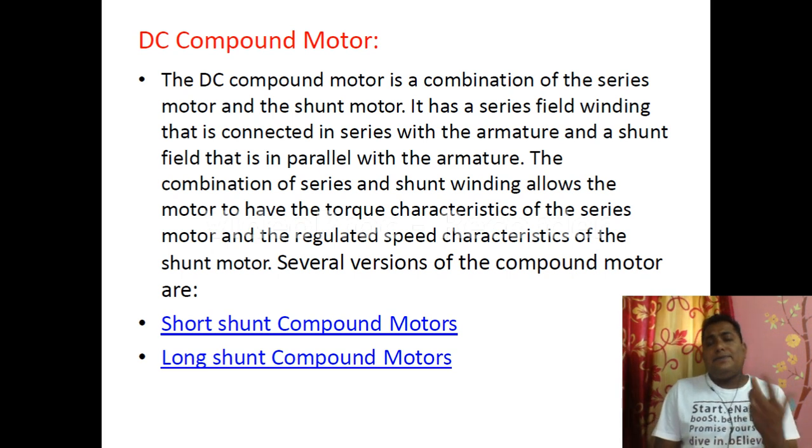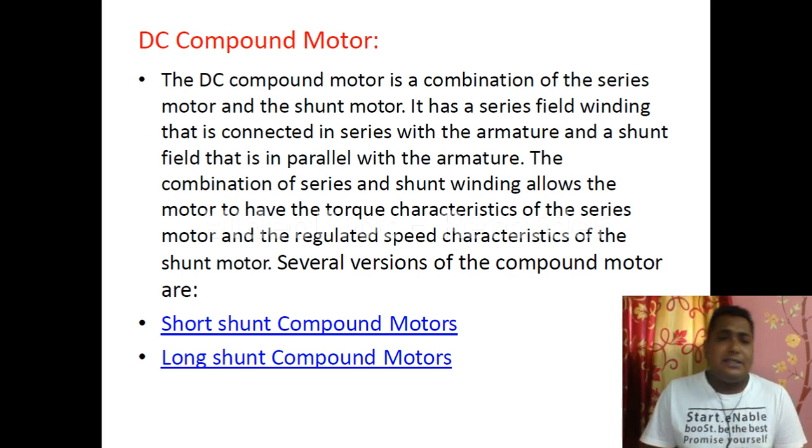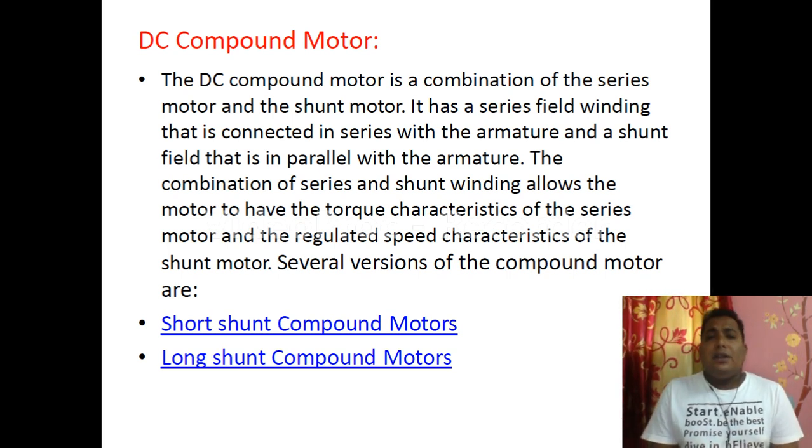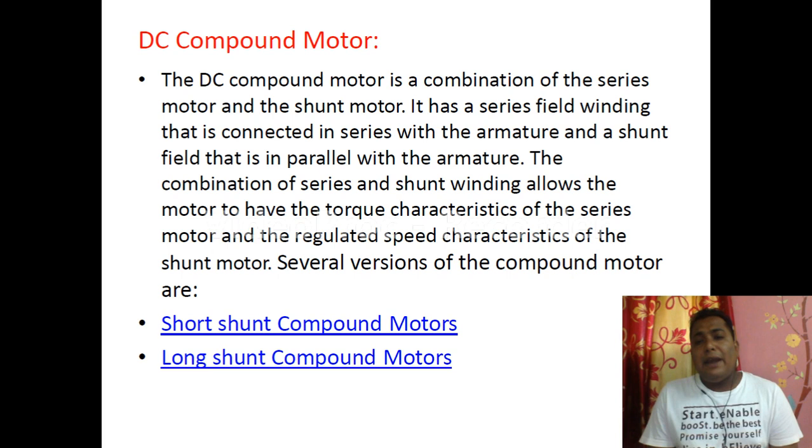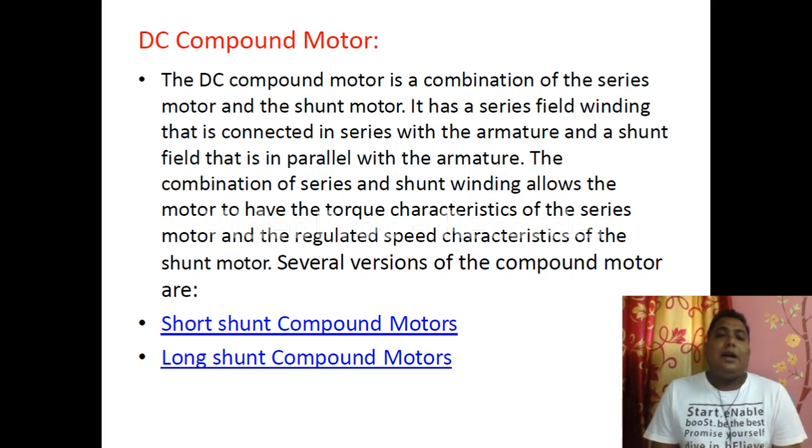Let us check what is written over here. The DC compound motor is a combination of the series motor and the shunt motor. It has a series field winding that is connected in series with the armature, and a shunt field that is in parallel with the armature. The combination of series and shunt winding allows the motor to have the torque characteristics of the series motor and the regulated speed characteristics of the shunt motor.